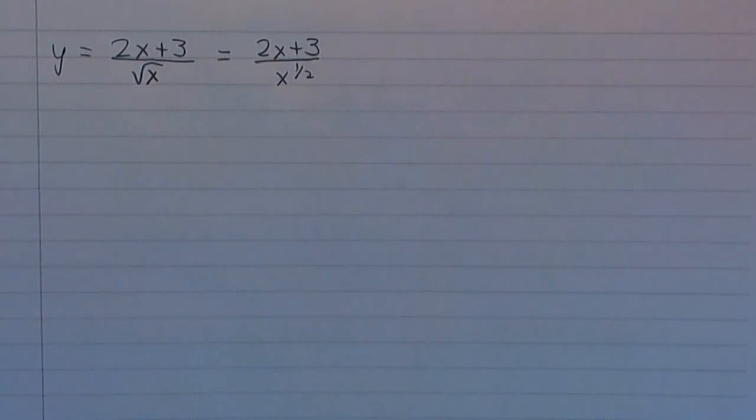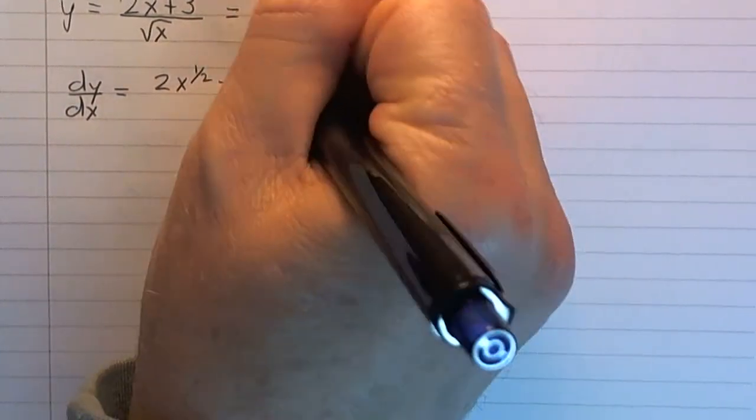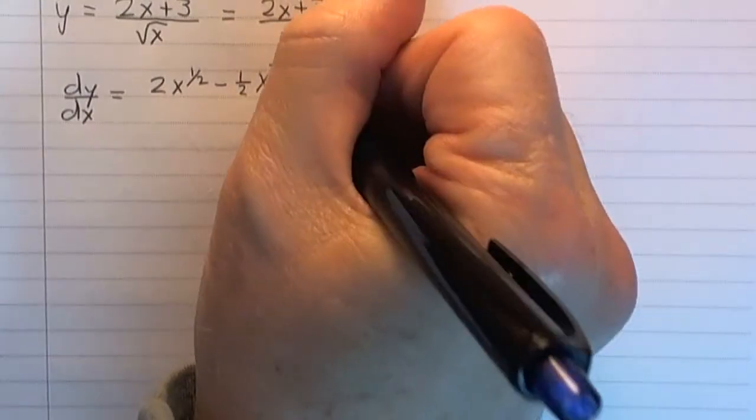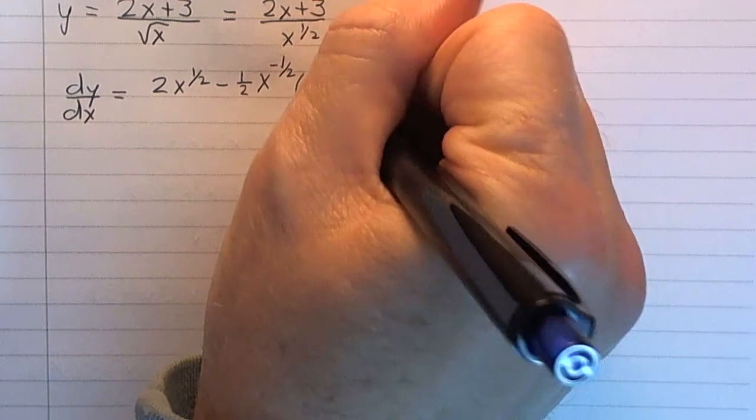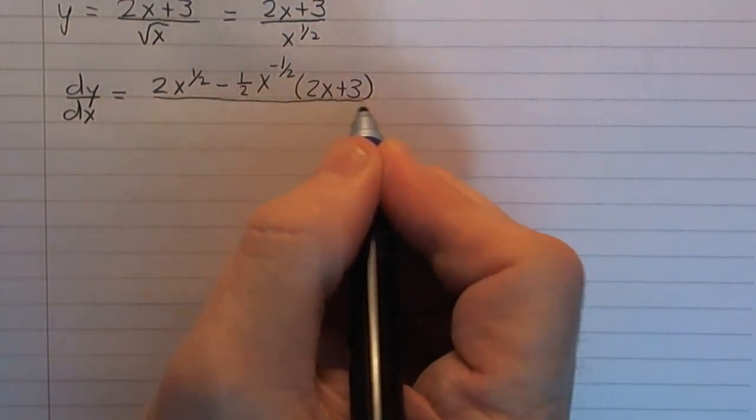And then I'm going to use the quotient rule. So here we go. I've got dy dx. Derivative of the top is 2 times the bottom, minus the derivative of the bottom, just using the power rule, times the top, all over the bottom squared.